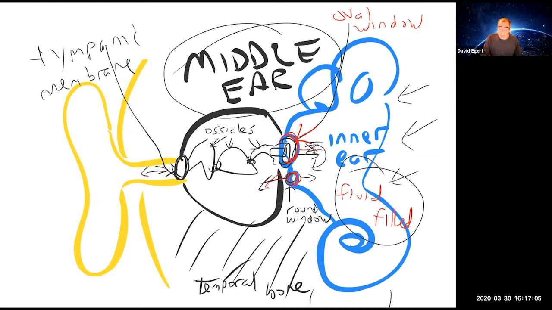It could be because the ossicles aren't moving. Like my mom's hearing was really bad because she had these bones fusing, so they didn't move. And so if these bones didn't move, it didn't matter how much the eardrum was moving. There was no signal getting sent to the inner ear, which is where the hair cells are, where the signal transduction happens.